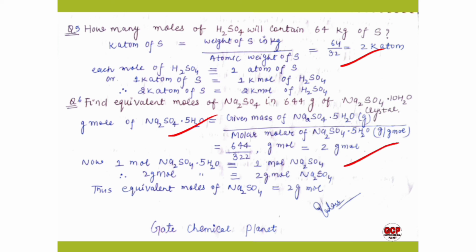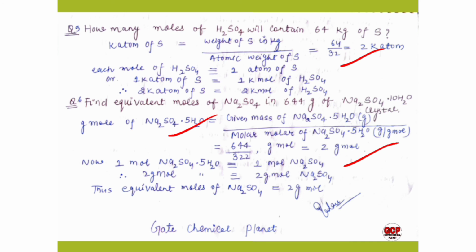Now with the help of simple calculation, we will calculate the asked quantity in the question. 1 mole of Na2SO4 5H2O crystal is equivalent to 1 mole of Na2SO4.